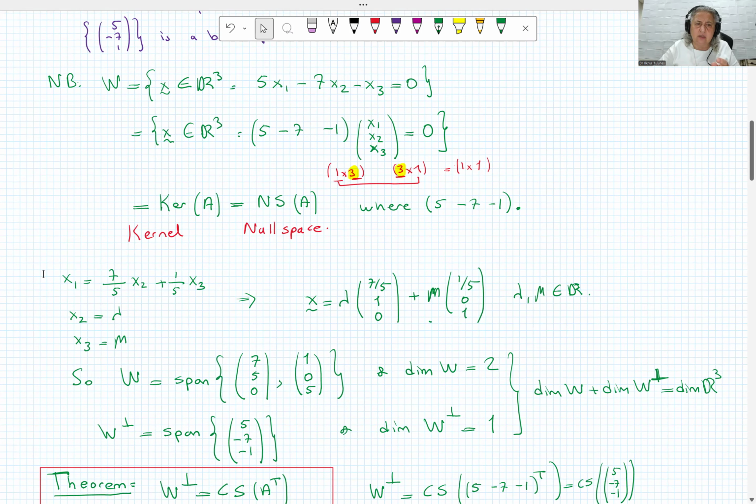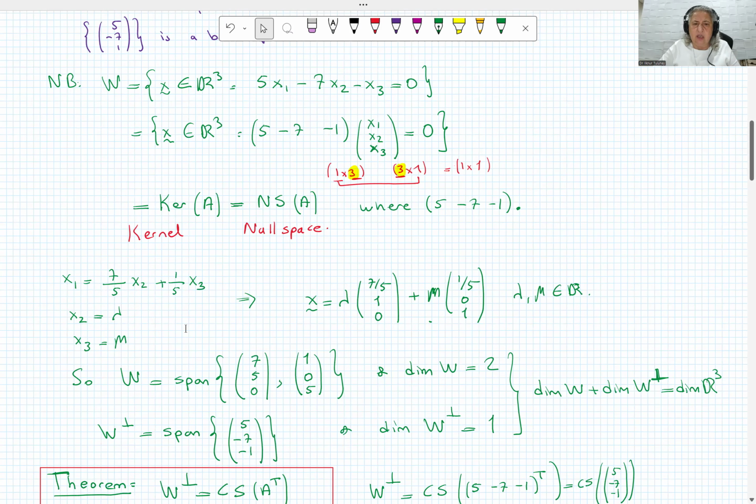This is what I've done here. x1 is equal to 7 over 5 x2 plus 1 over 5 x3, coming from this equation. Now we have two independent variables: x2 is an independent variable, x3 is an independent variable. Call x2 lambda and x3 mu. Then we will find a parametric solution.